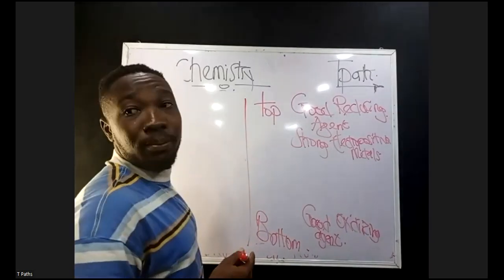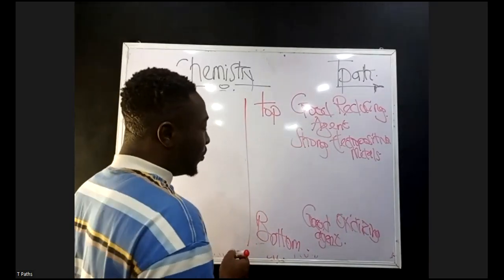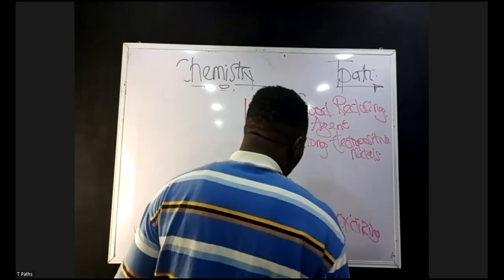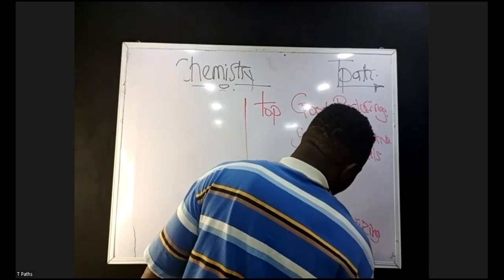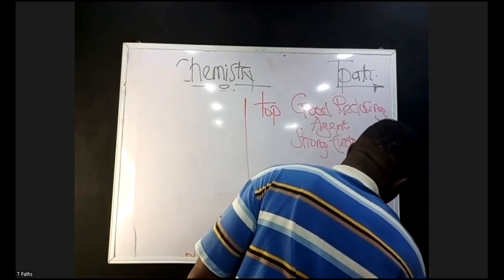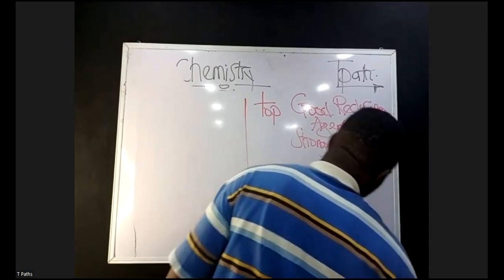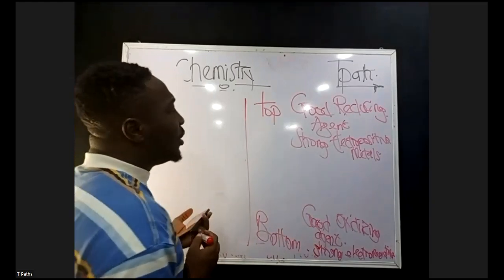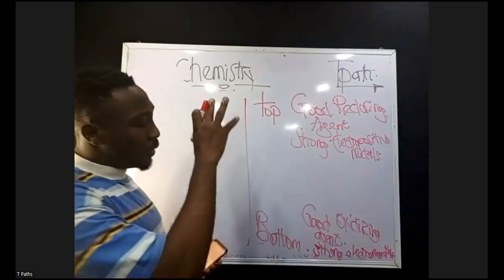They are either called good oxidizing agents or strong electronegative elements. Those are what you can see in an electrochemical series.